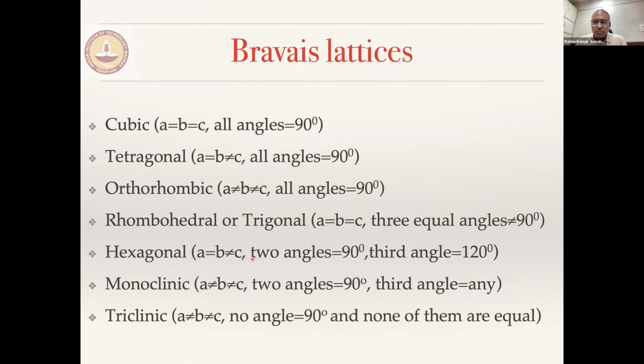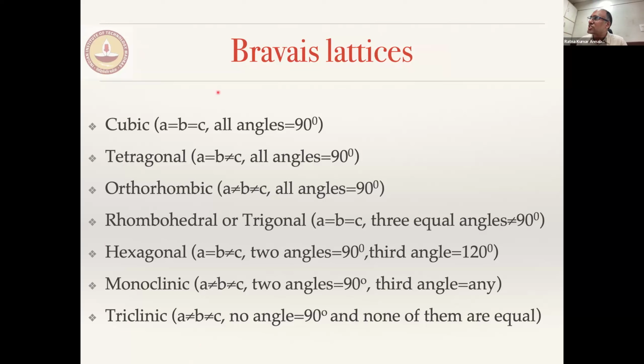According to Bravais's definition, you have these 7 fundamental geometries: cubic, tetragonal, orthorhombic, rhombohedral, hexagonal, monoclinic, and triclinic. Some variations of these 7 families will constitute a total of 14 Bravais lattices.